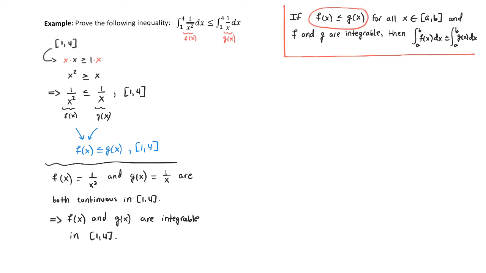And this is by theorem. So now that I have satisfied all of the conditions of this property, I can perfectly claim, therefore, the integral from 1 to 4 of 1 over x squared dx is less or equal than the integral of 1 over x dx. End of proof.